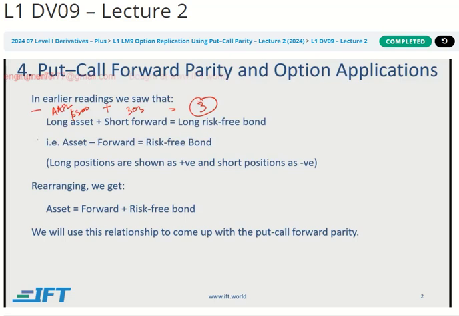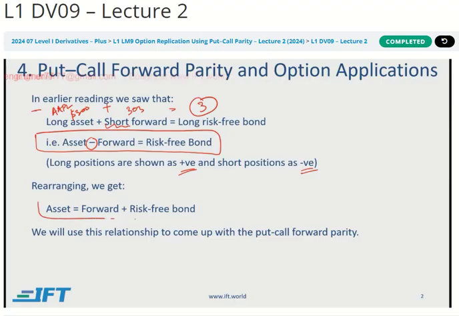So in this relationship, the minus sign over here is there because it is a short forward. You can either write short, or instead you can just write forward with a minus sign, because long positions are shown as positive and short positions as negative.